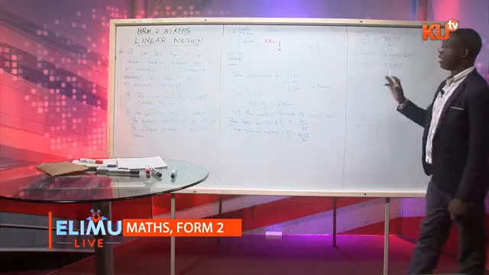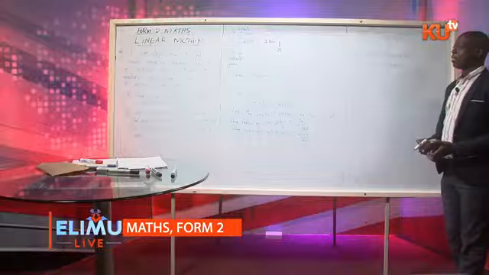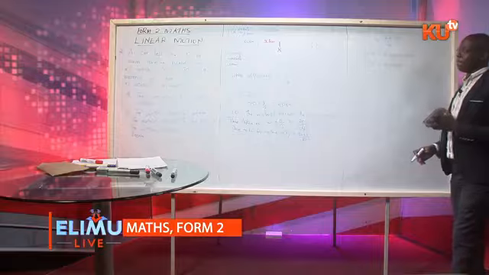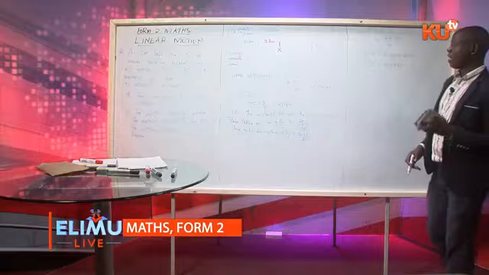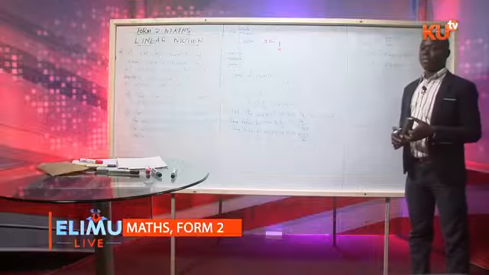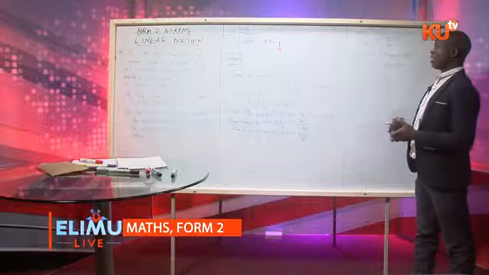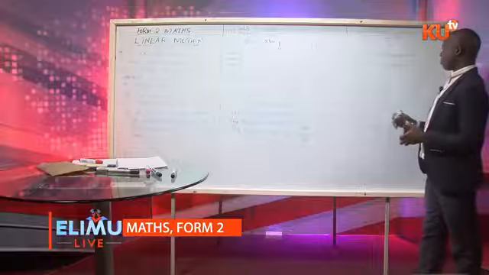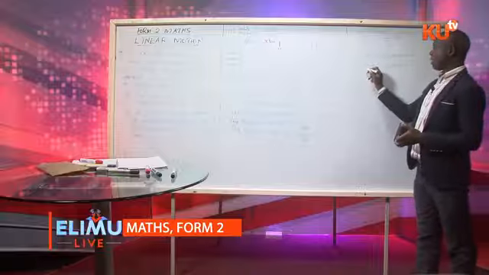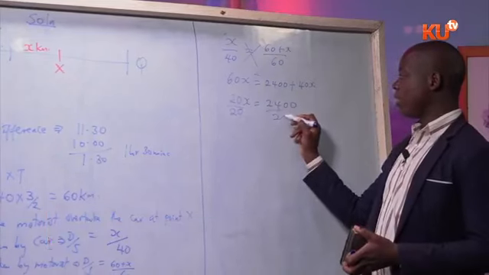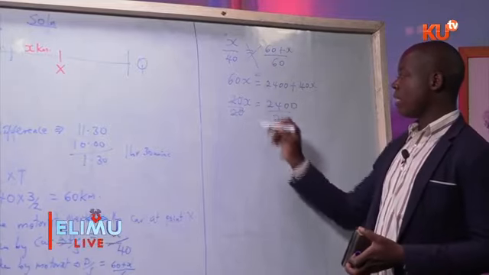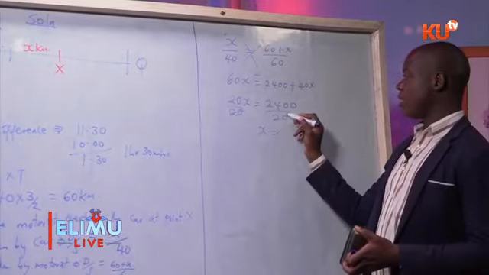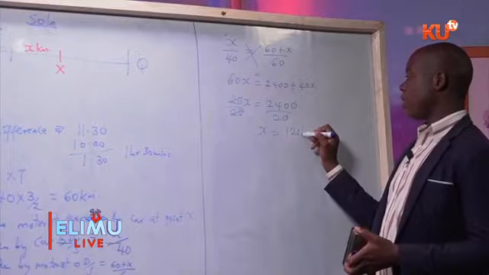And if you look at this case, these two objects are moving in the same direction. And we said the relative speed is the difference between their speeds. And that is why 60 less 40 is 20. So let's get our X. Divide this by 20, divide this by 20. So we have this cancel, and X is 120 kilometers.